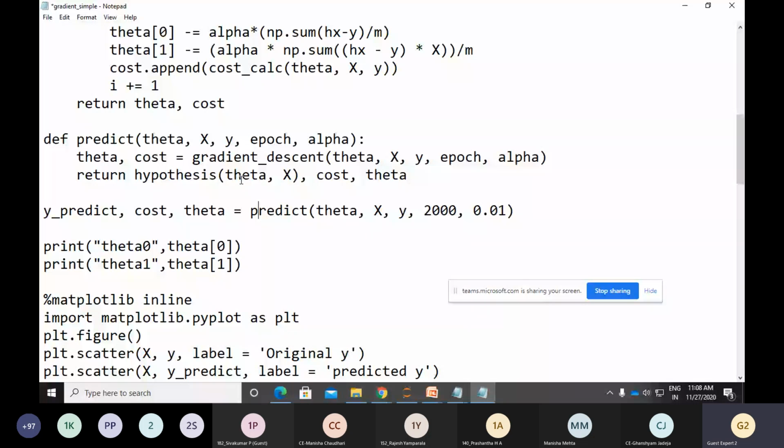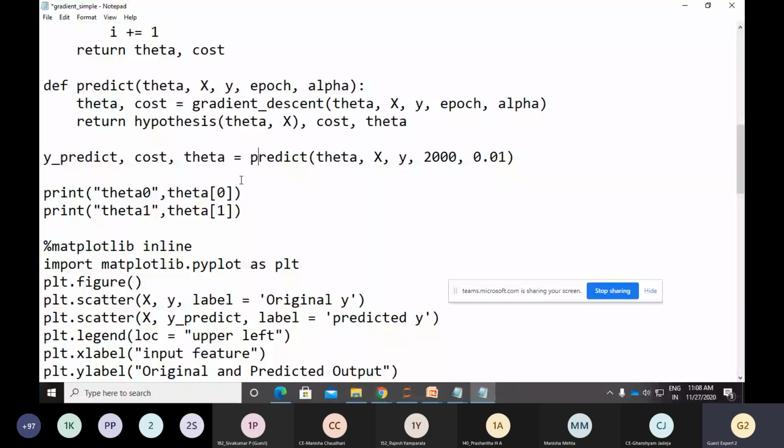Clear? So whatever value we get in theta is the estimated value of theta 0 and theta 1, which is found by gradient descent.